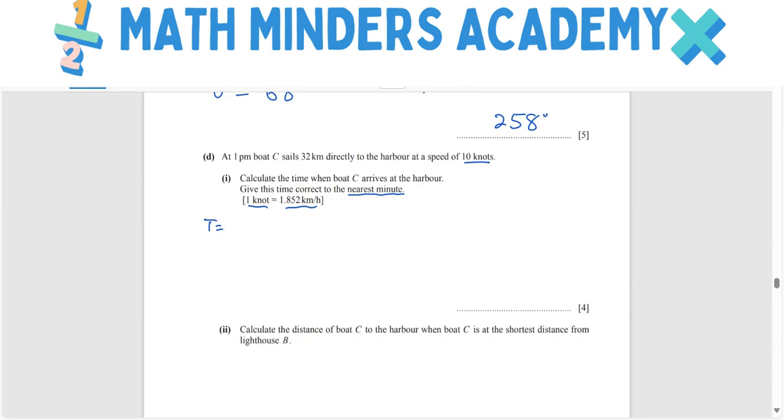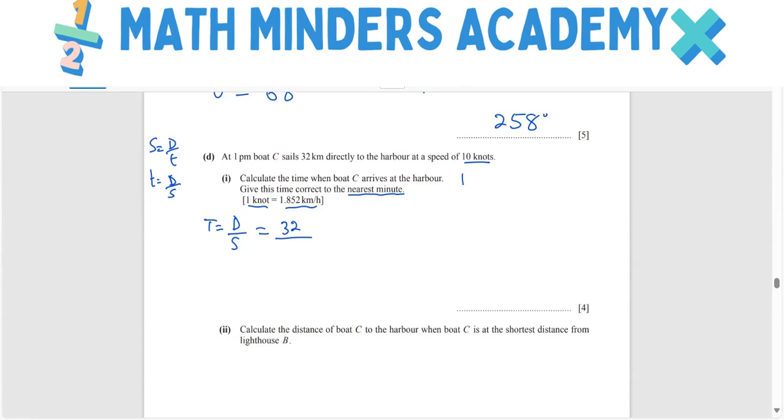Time, as we know it, is distance over speed. Remember that speed is distance over time. If we make time the subject, it gives you distance over speed. Now, the distance here is 32 kilometers, and the speed is 10 knots, but let's convert.